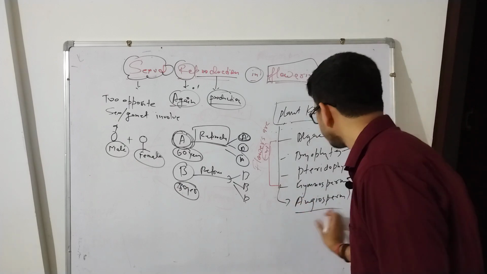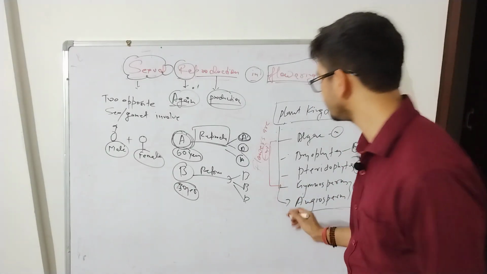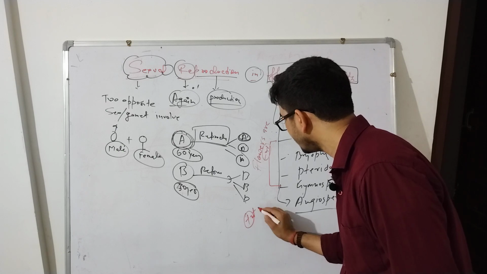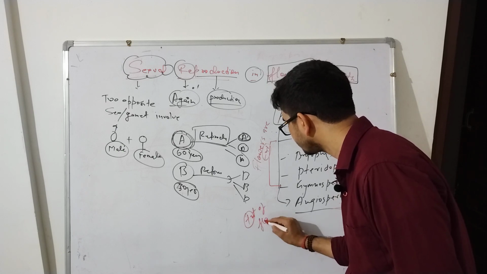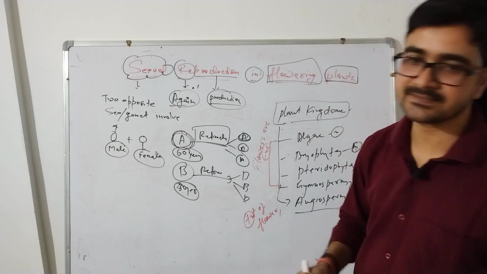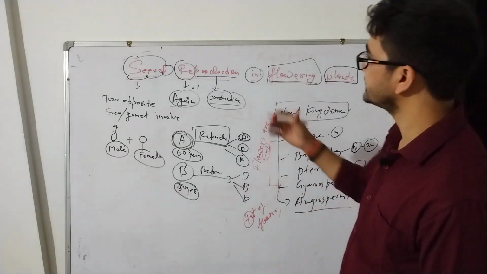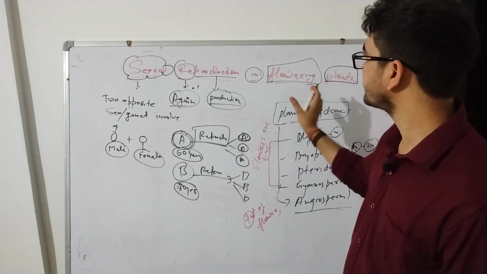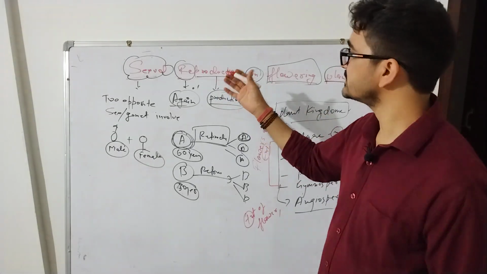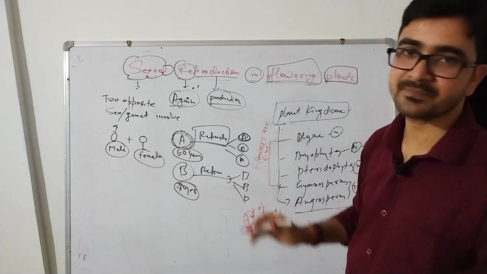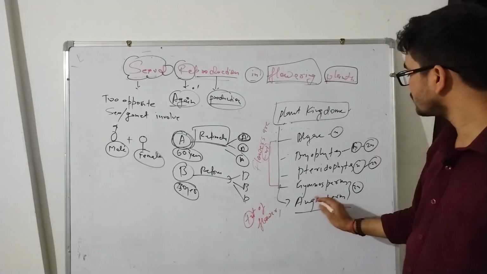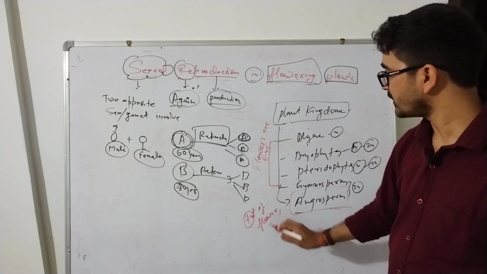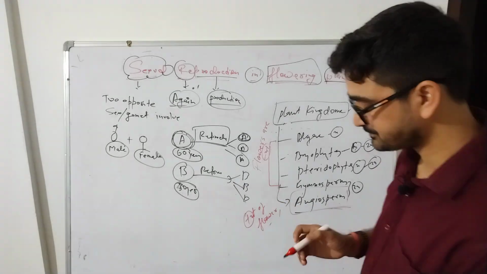Only angiosperm is the classification of plants where flower is present. So another name for sexual reproduction in flowering plants can be sexual reproduction in angiosperm plants, because only angiosperm is the classification where flower is present.